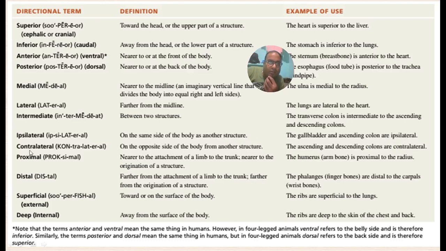Similarly, contralateral means on the opposite side of the body from one another. The ascending and descending colon are contralateral. One is on the right side and the other is on the left side, so we use the term contralateral.